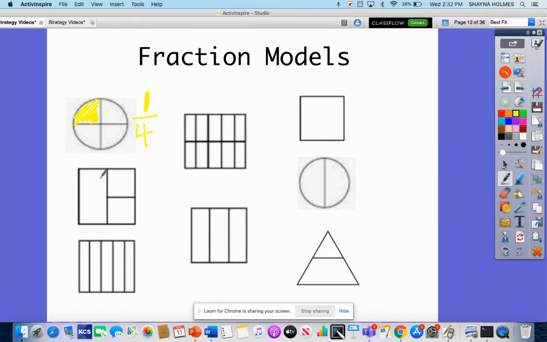Okay, let's look here at the square. The square is divided into 1, 2, 3 pieces. Oh, but this one looks very strange. What's wrong with this is that these pieces are not equal. One of the rules for being a fraction is that we have to have equal pieces.